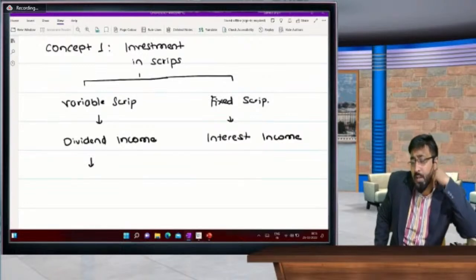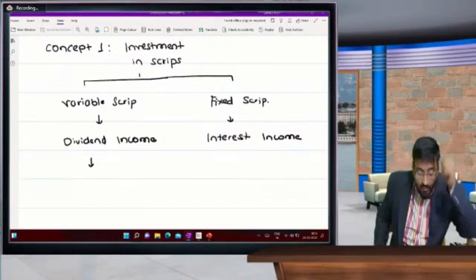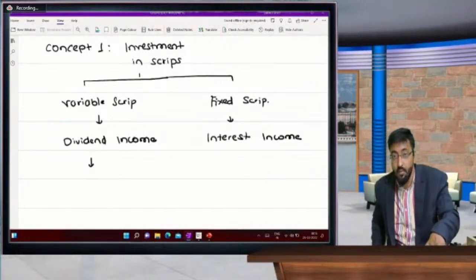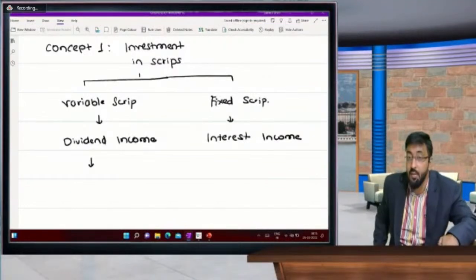Variable script, sir, dividend income is always variable, and fixed means interest income is always fixed income.